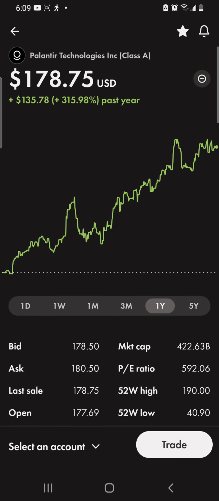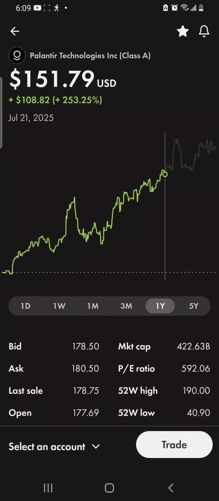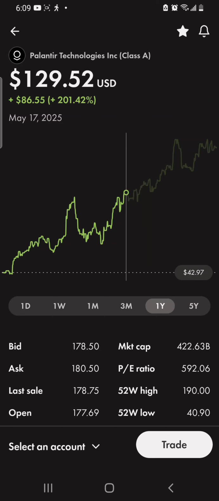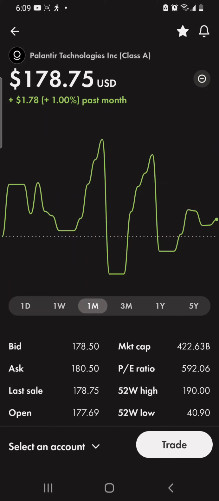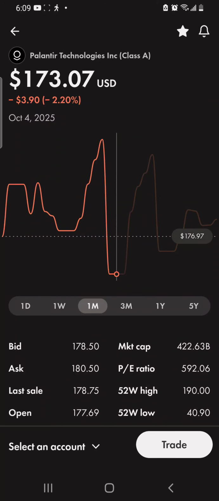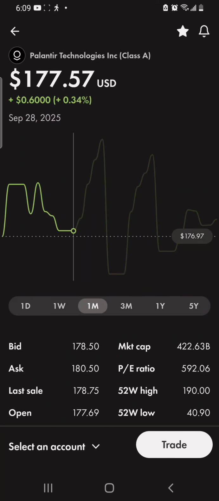Okay, so if you're looking to buy it, you can buy it on the pullback, wait until it comes down. Looking at the month chart, you could wait until it pulls back to maybe, let me see how far it goes.